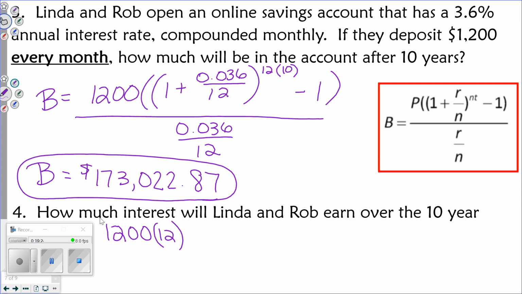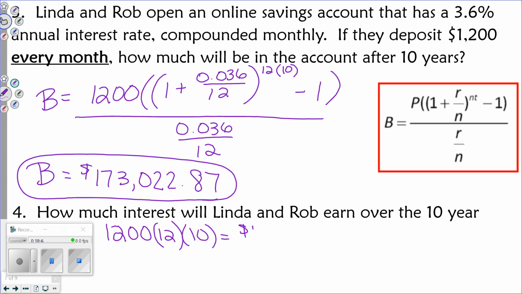So doing 1,200 times 12 tells me how much money they put in every year. But we're doing this for how many years? For 10. So then I have to multiply by 10. So they put 1,200 every month, so 1,200 times 12, there's 12 months in a year, for 10 years.